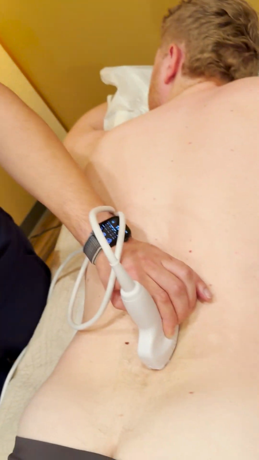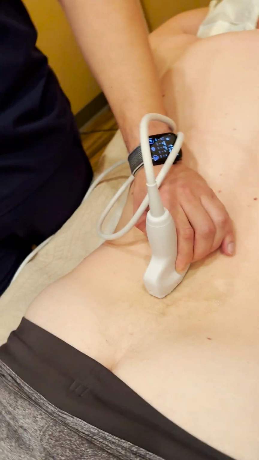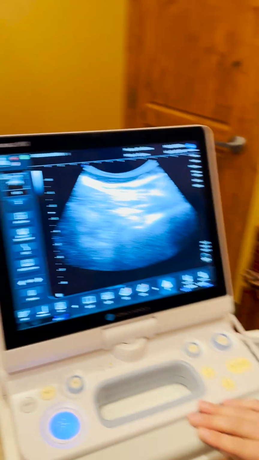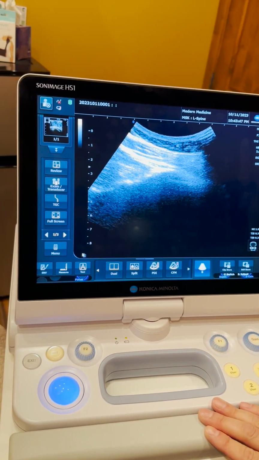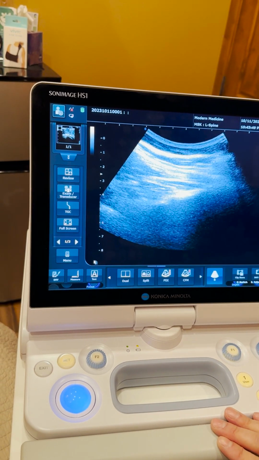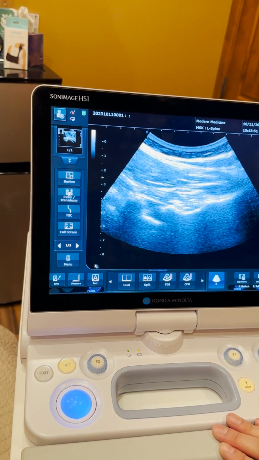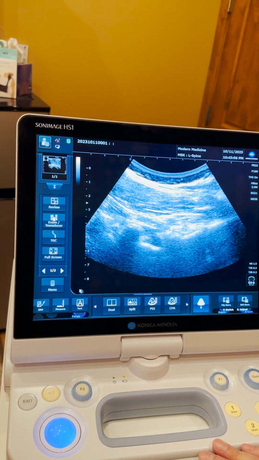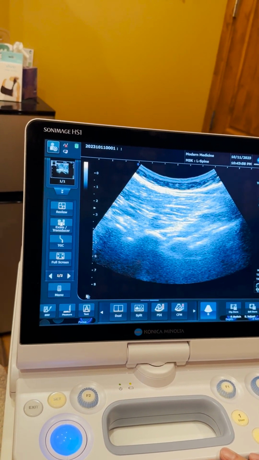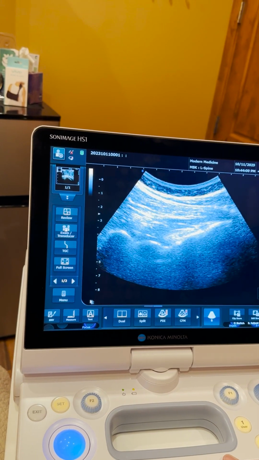So with him, everything looks great. And then we could also look at an area that a lot of people don't really evaluate, which is the SI joint.